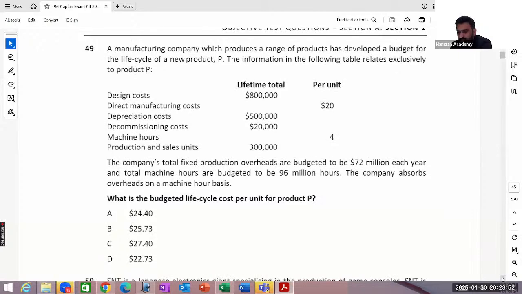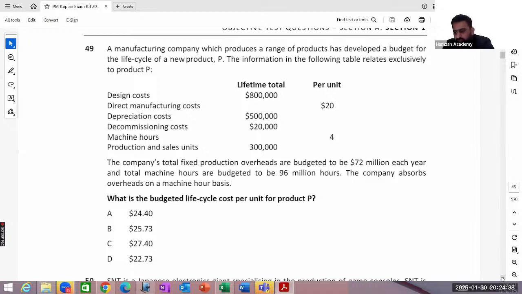Question number 49. The requirement is, what is the budgeted life cycle cost per unit? Similar requirement, but in terms of budget. A manufacturing company which produces a range of products has developed a budget for the life cycle of a new product. The following table relates exclusively to this product.